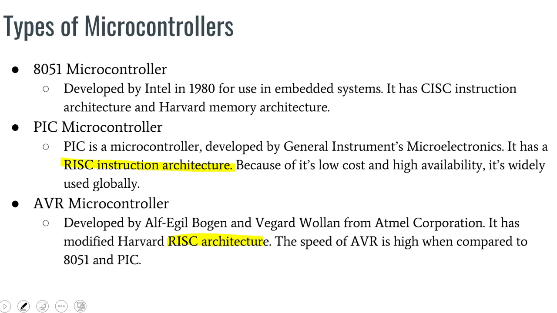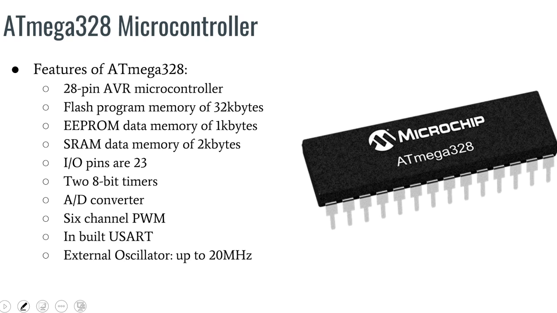So you can't build a lot of complex tasks or complex systems using PIC microcontrollers, whereas compared to the 8051 or the PIC microcontroller families, there are much faster variants available in AVR. An example of an AVR microcontroller is the ATmega328, which is a fairly commonly found microcontroller.